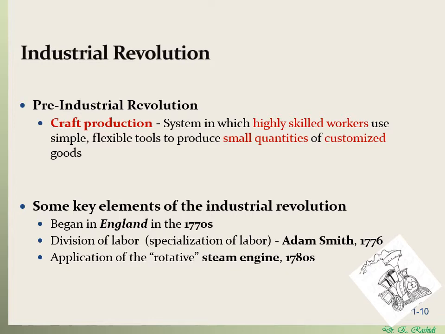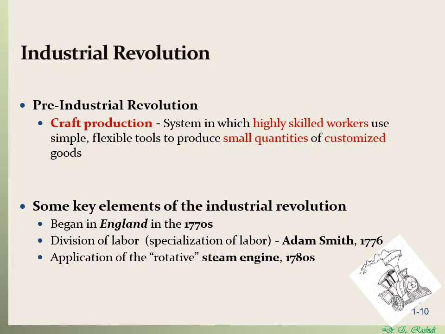Adam Smith realized that doing this would increase the productivity of those jobs and systems. Instead of having highly skilled laborers who could do any of the work, if you assign them to a specific task, they would become highly specialized, and they could do the job much better. So that was a big element in the Industrial Revolution.